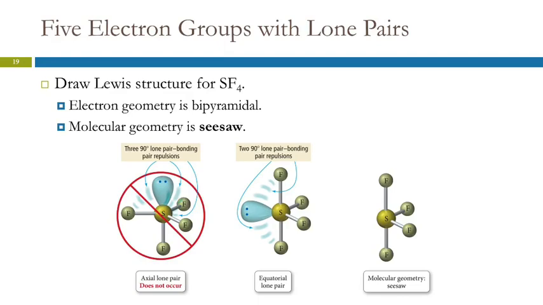So for this molecule, our electron geometry is going to be trigonal bipyramid because it's got 5 groups. But then we need another name for the molecular geometry, because for the molecular geometry, we're not looking at that lone pair. It's there, it's big, and it's repulsive.